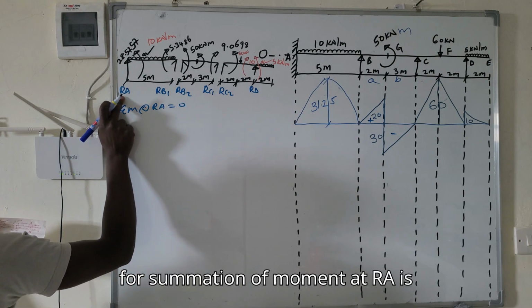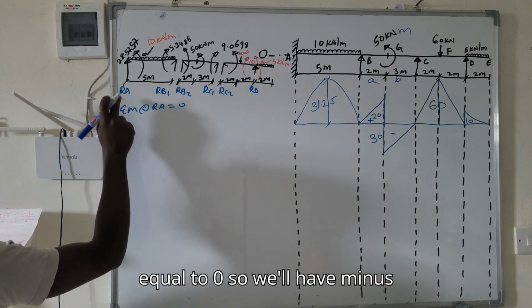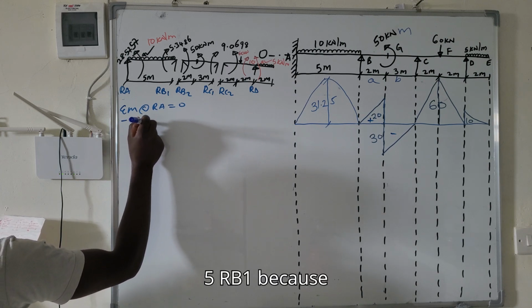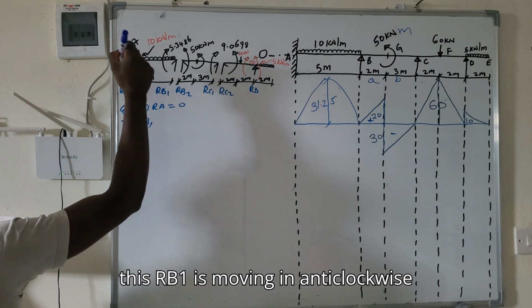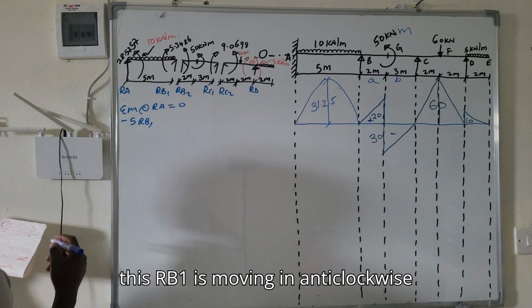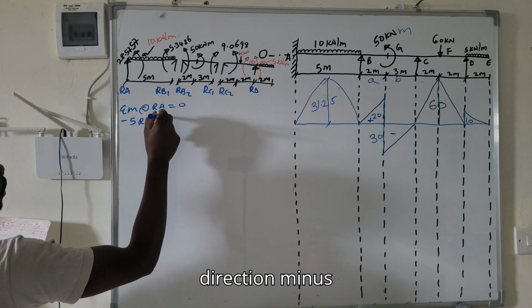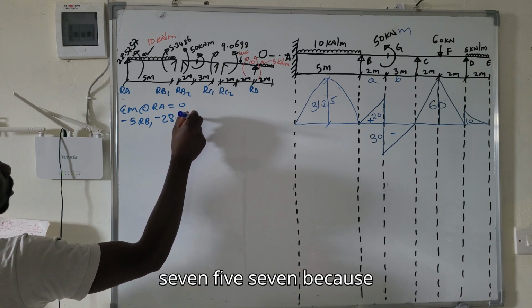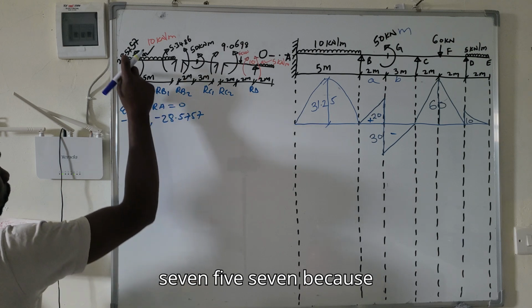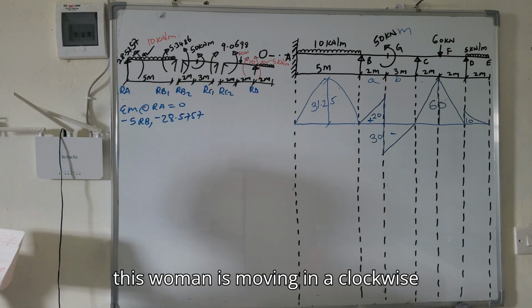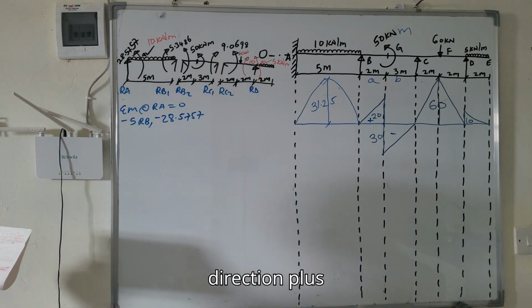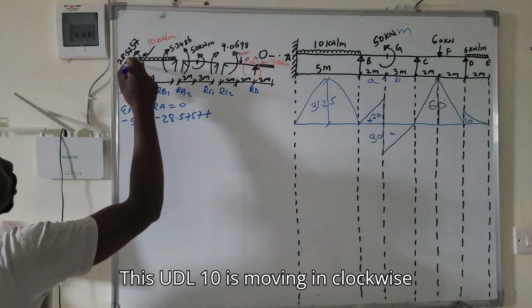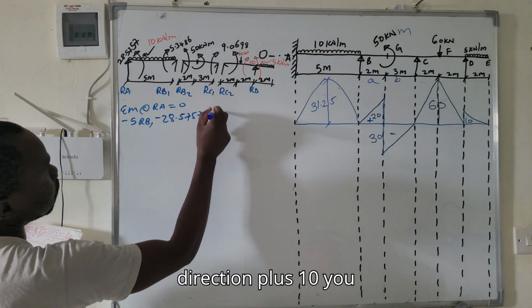So summation of moment at RA is equal to 0. So we will have minus 5 RB1, because this RB1 is moving in anticlockwise direction, minus 28.5757, because this moment is moving in anticlockwise direction, plus this UDL 10 is moving in clockwise direction, plus 10.